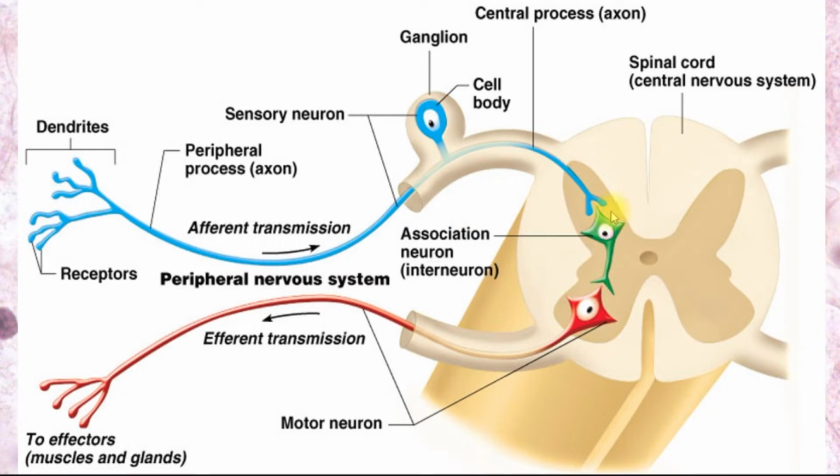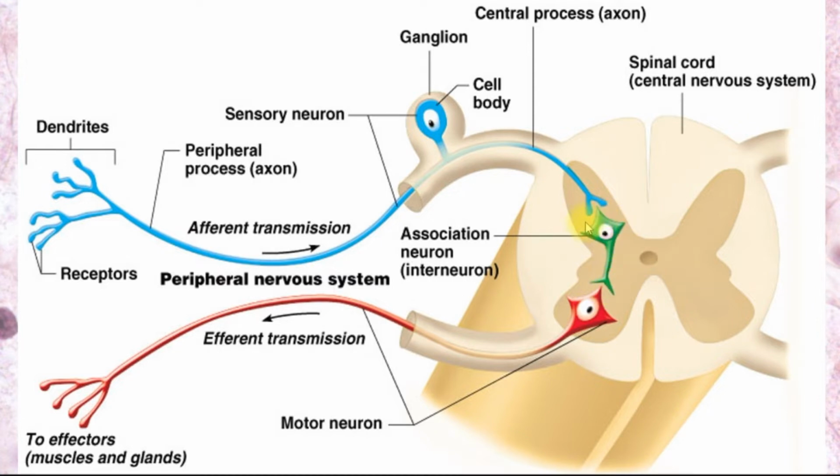And the next neuron is the interneuron. It receives information from the previous neuron, for example, from a sensory neuron, and sends information to another neuron. The number of interneurons differs, and in the CNS the most numerous neurons are interneurons. They provide processing of information.